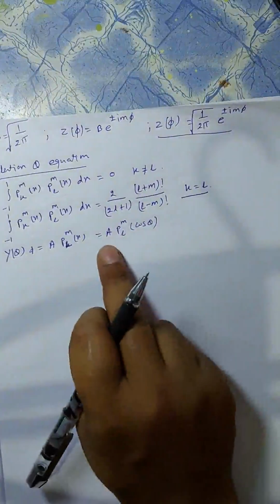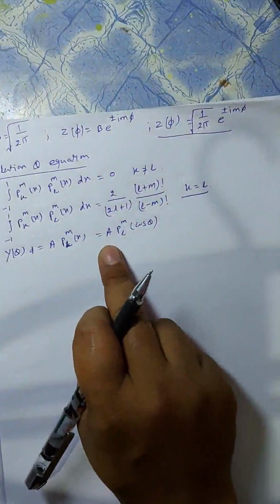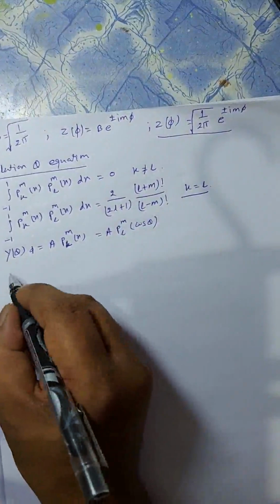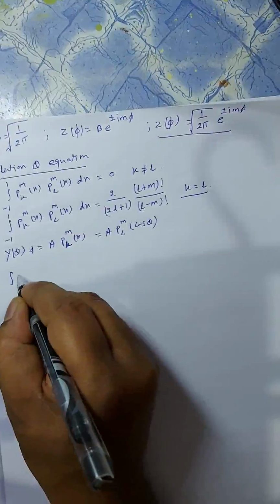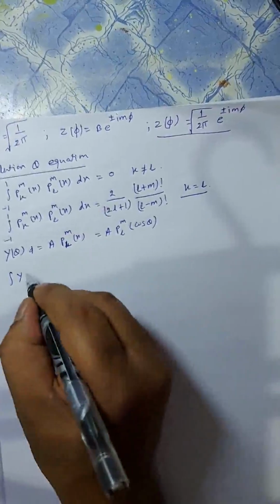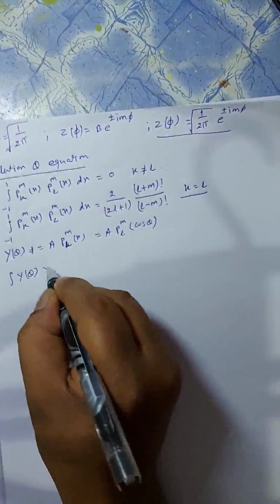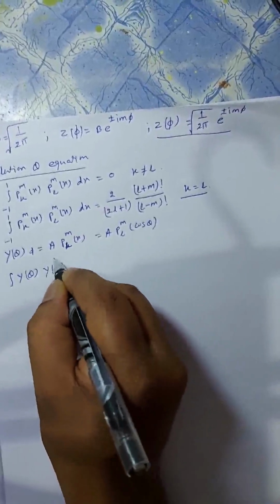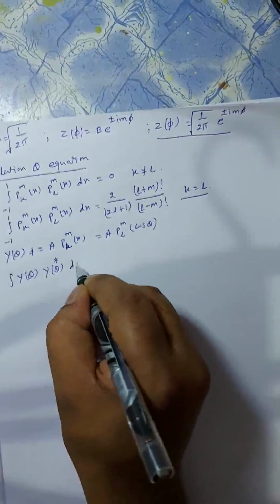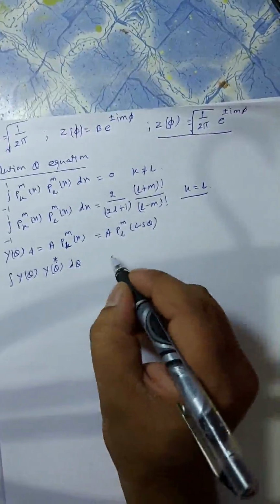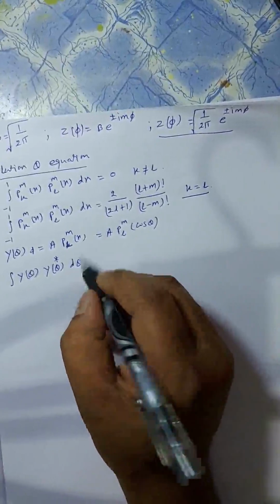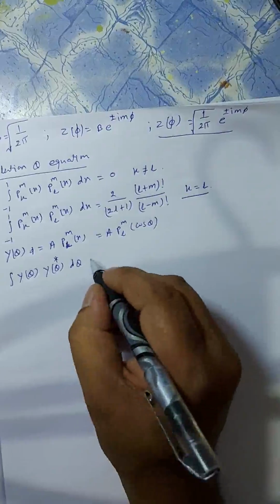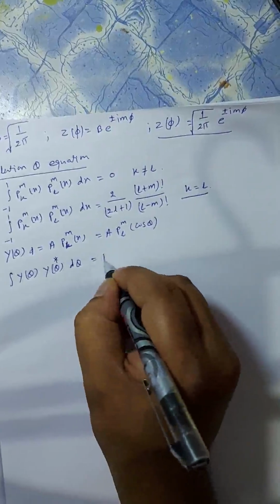Then I want to find out this value of a. So what we do now, we have to find the normalized equation. The integral of Y(theta) Y asterisk(theta) d theta is equal to 1.